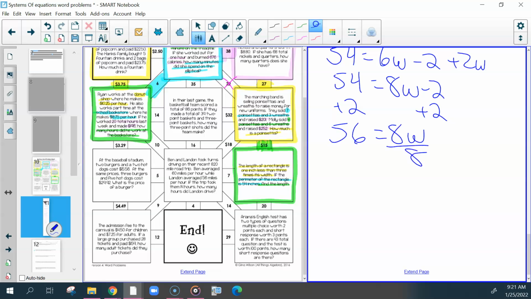And divide both sides by 8. Our width equals 7 what? What's the unit? Inches, yes. Okay, but that's not our answer because it asks us to find length, so we have to go back and find length.